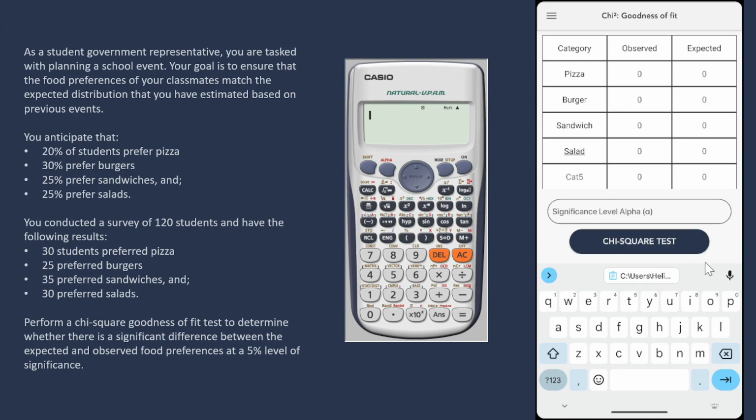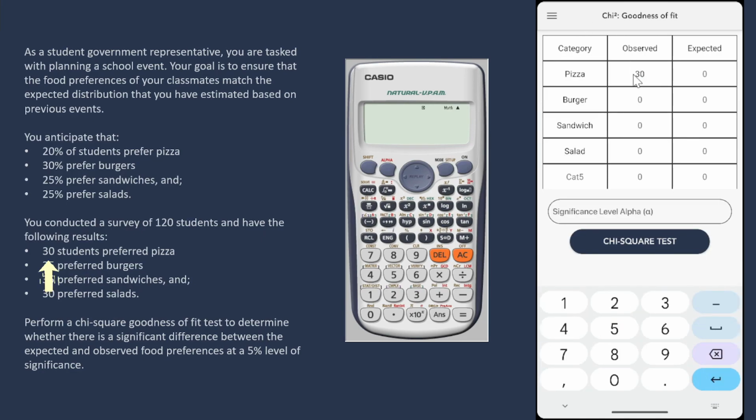Next, we will be filling up the observed values. These are already given in the problem: 30 students who preferred pizza, 25 who preferred burgers, 35 who preferred sandwiches, and 30 who preferred salads. For the expected values, we are given the percentages.